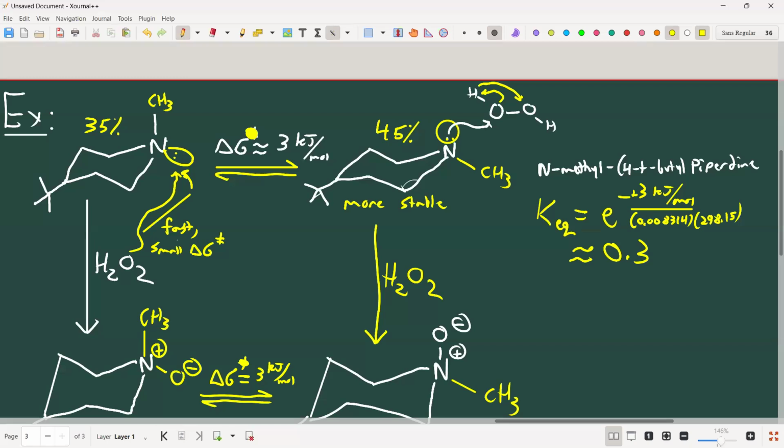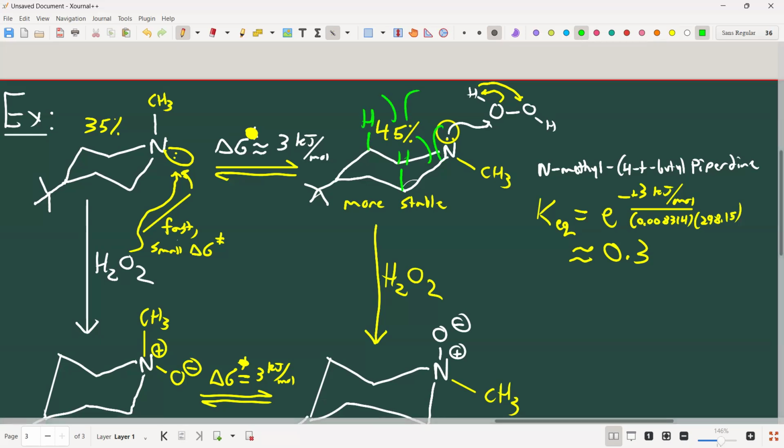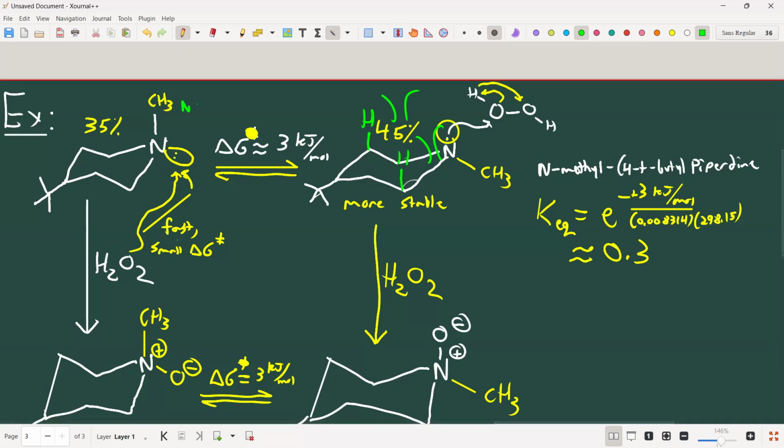And that gives you this strain, because there are these axial protons, we'll draw them in a different color, that interfere sterically with this attack. Whereas there is no steric interference here. So no sterics here in the transition state, and you have steric effects here.